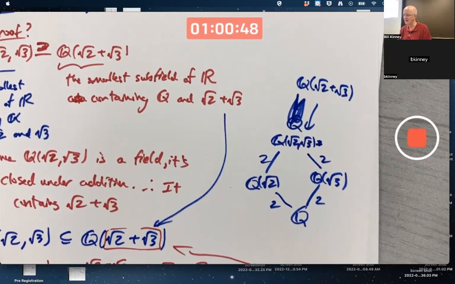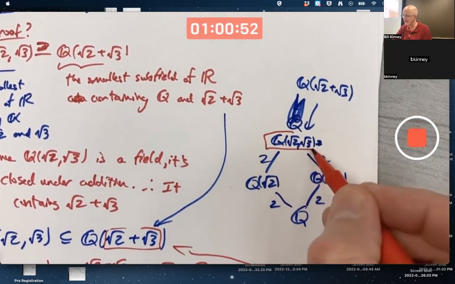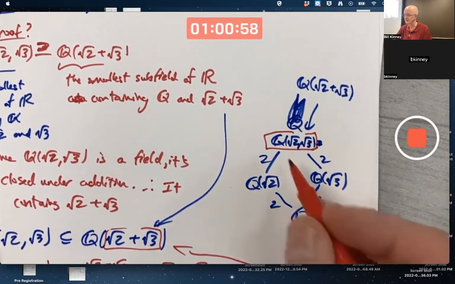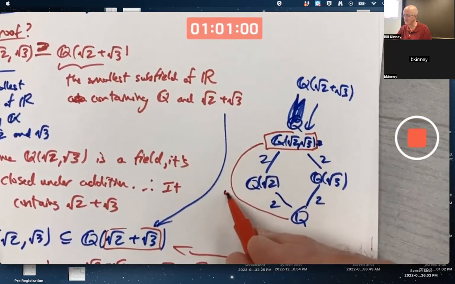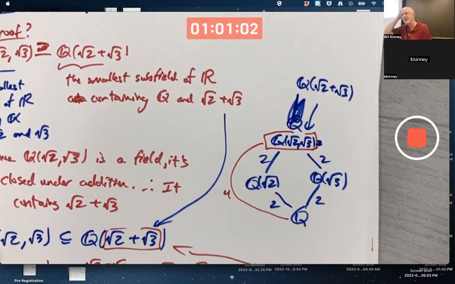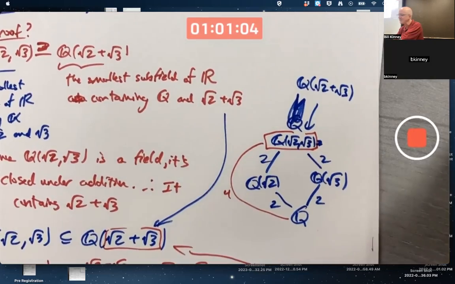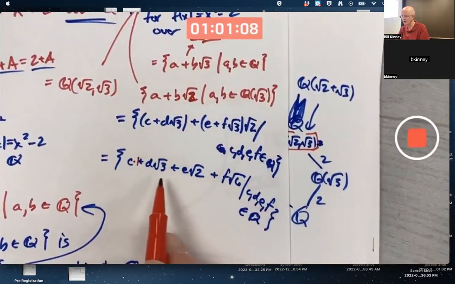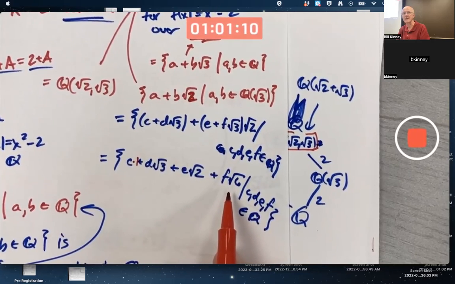We also saw, I mentioned without proof, that this thing has dimension 4 over the rationals. If I draw a line like this, I'd put a 4 next to it. Why? I mentioned because 1, square root of 3, square root of 2, and square root of 6 forms a basis.